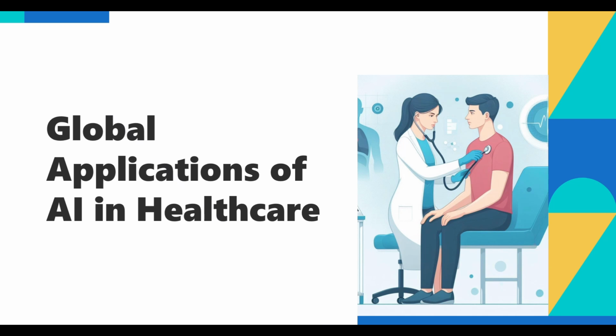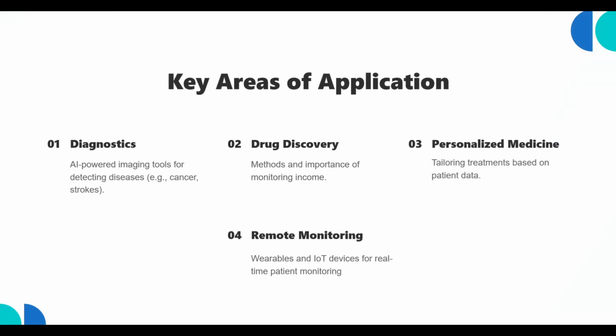Now, let's look at how AI is being used in healthcare around the world. AI is transforming the sector in many ways, and here are some key areas where it's making a big impact. The main key areas are diagnostics, drug discovery, personalized medicine, and remote monitoring.